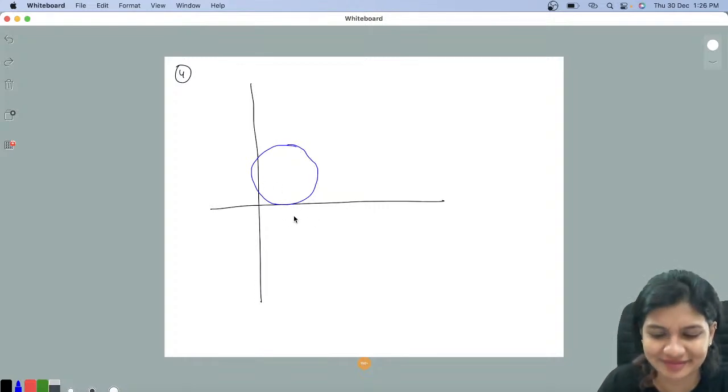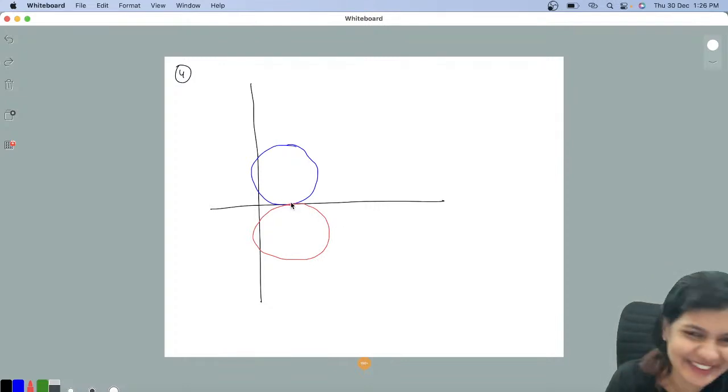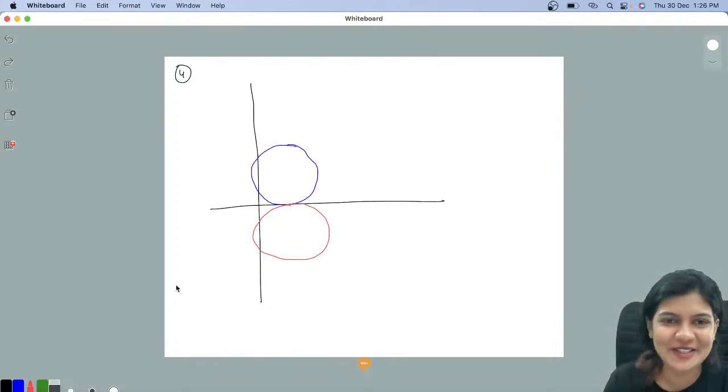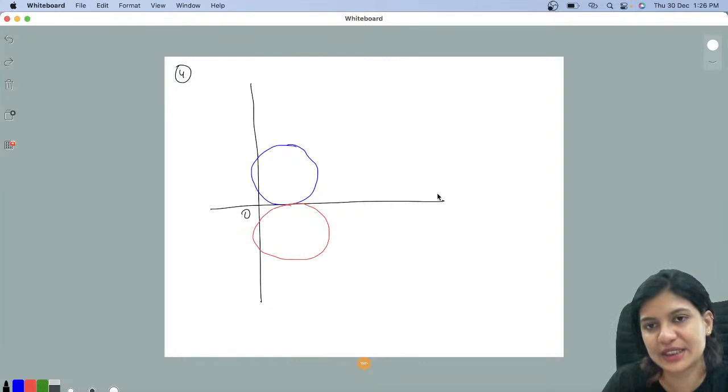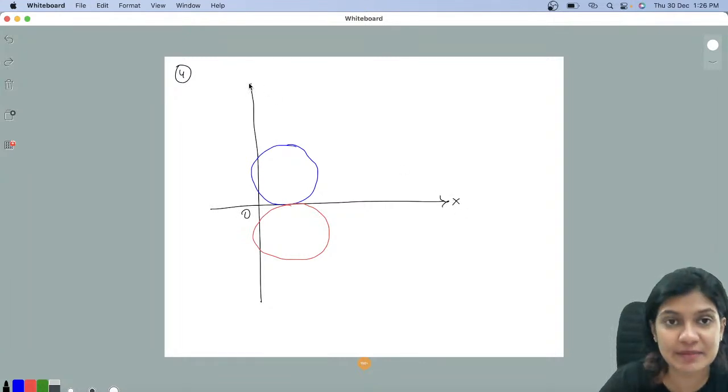Two circles. The origin is O. This is my x-axis, this is my y-axis. So I have the point D, then I have the point B.